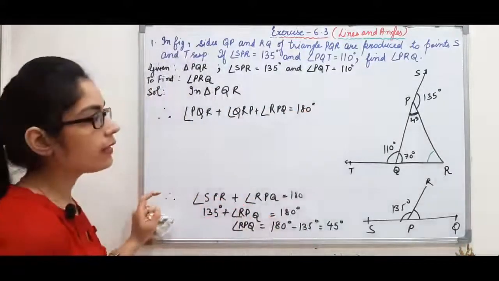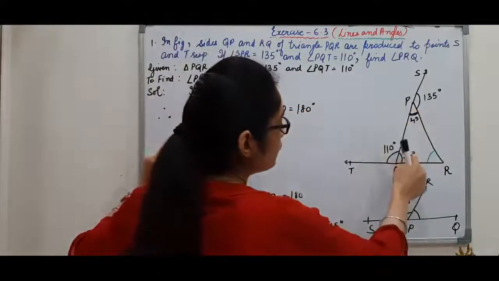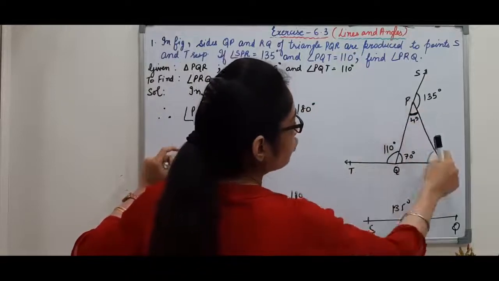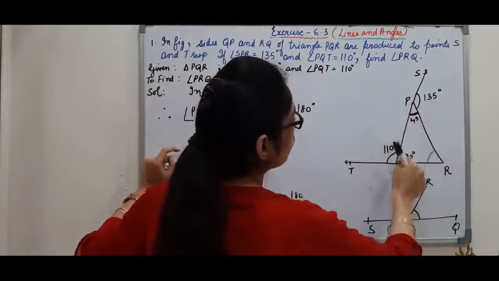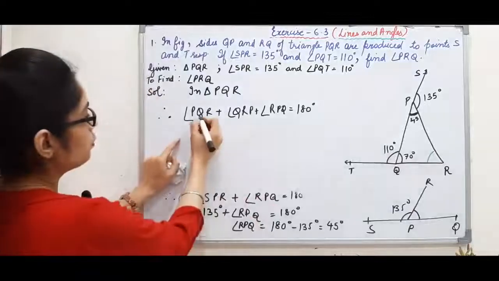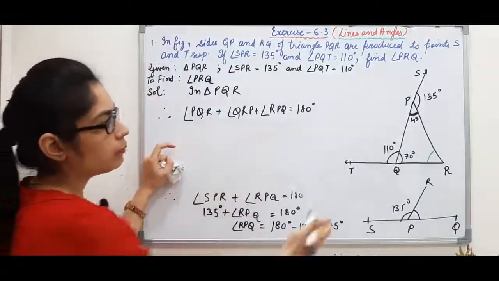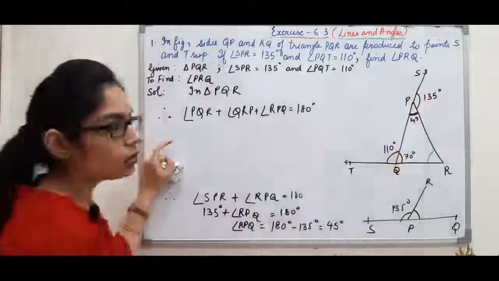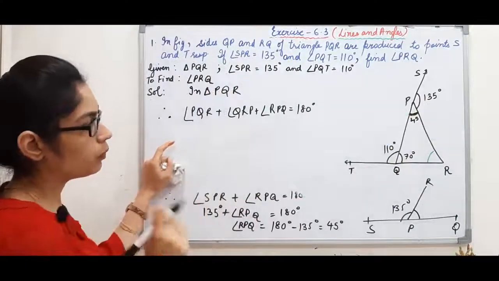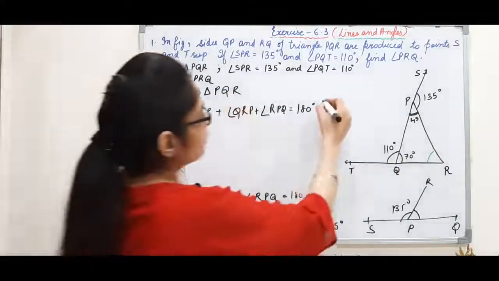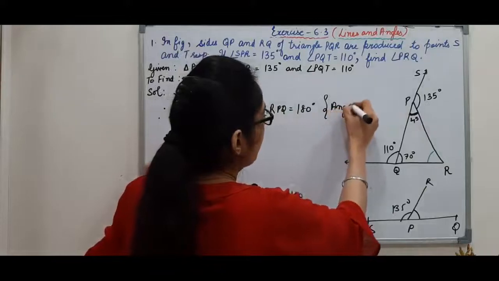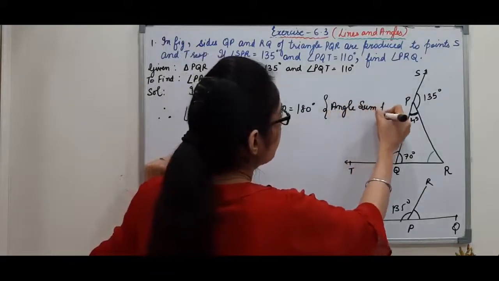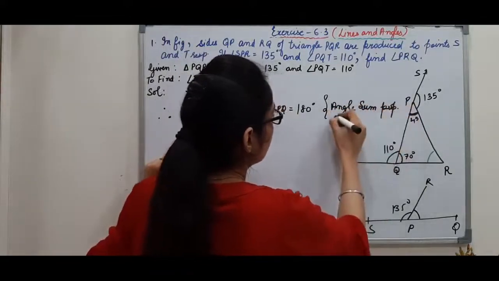See, all the three angles I have taken: PQR which means angle Q, QRP which means angle R, and RPQ which means angle P, the middle one. Full complete names I have written because the exterior angles are also there, just to make it more clear. So we can mention the reason: angle sum property of a triangle.